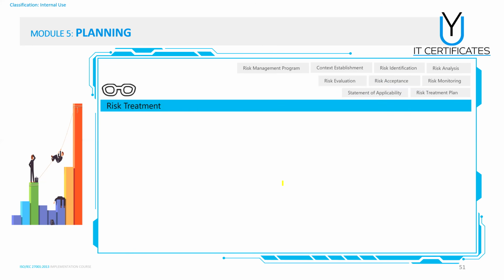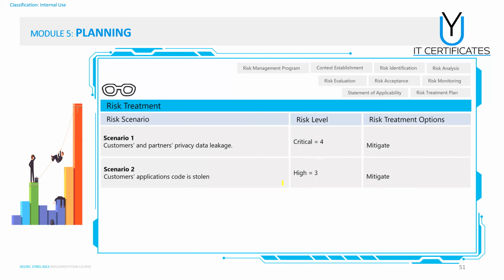What will be the treatment options here? For risk number 1, which is the critical level 4, it will be mitigate. This means that we have to install some controls to minimize the impact or the likelihood of the risk. In scenario number 2, where the risk level is 3, again mitigate, again additional controls.